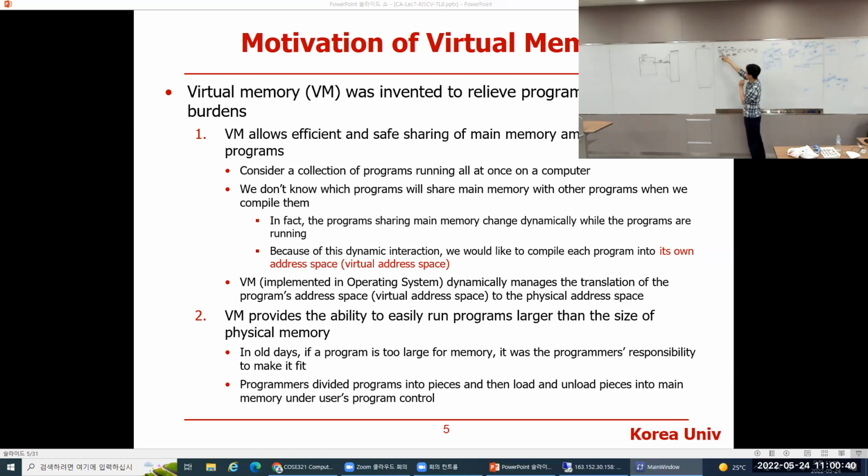Then let's execute tasks 1, 2 and 3 one by one in a time multiplex manner. These 3 different tasks are stored in main memory. The binary is stored here: task 1, task 2, task 3.